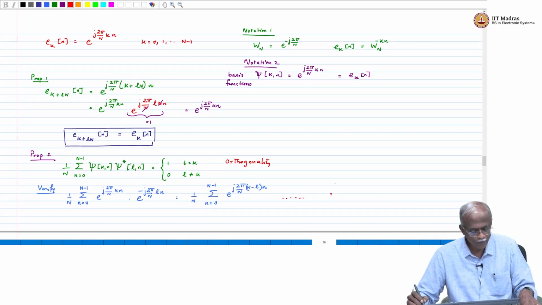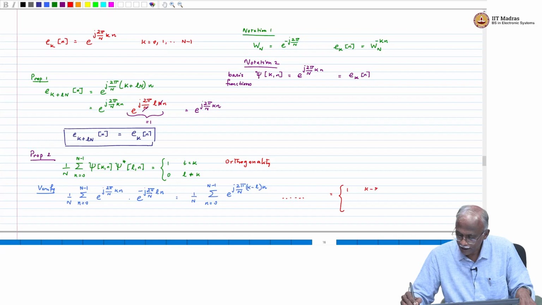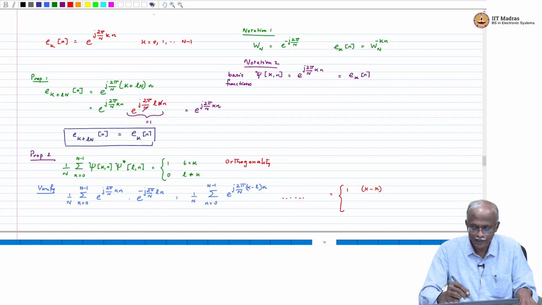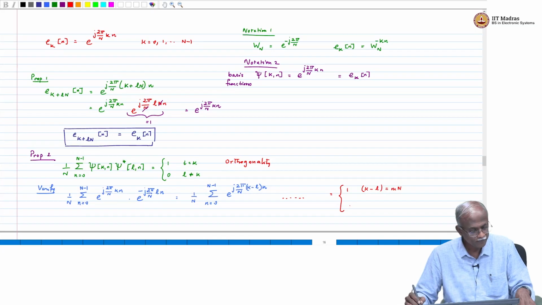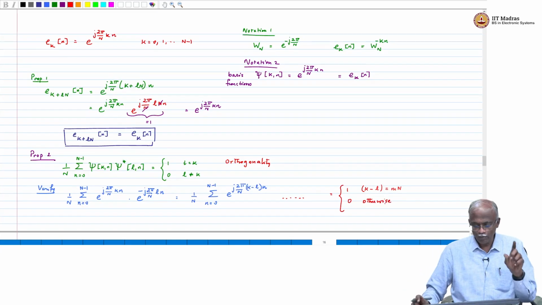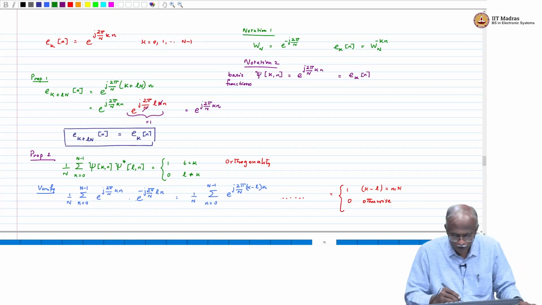The intermediate steps are there, and the final step will be that this summation is equal to 1 if k minus l is equal to any multiple of n, and it will be equal to 0 otherwise. That's the final answer that you will get. But the important thing to note is the range of k.